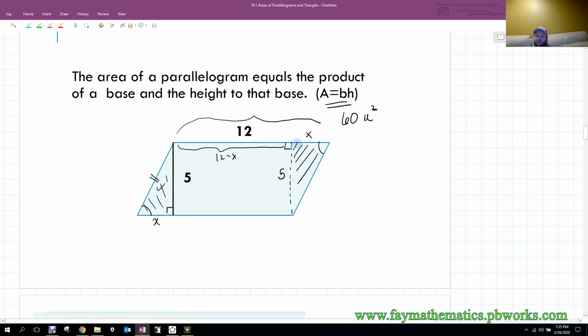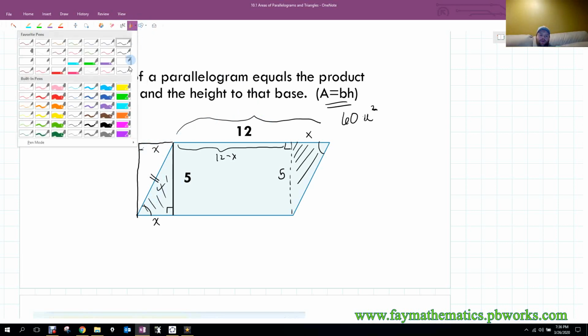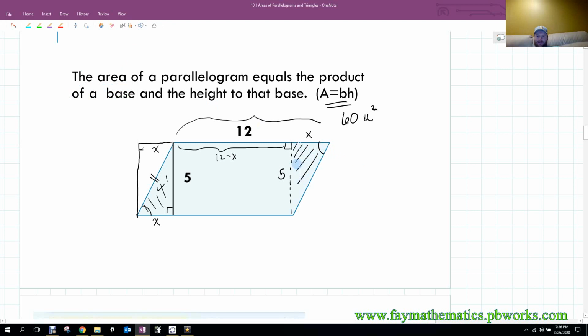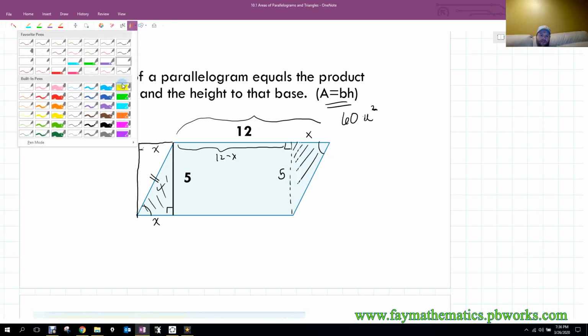What I'm going to do is take this triangle here, cut and paste it, and move it right there. So this is going to be X now. And I'm going to clean this up a little bit. Let's just erase.